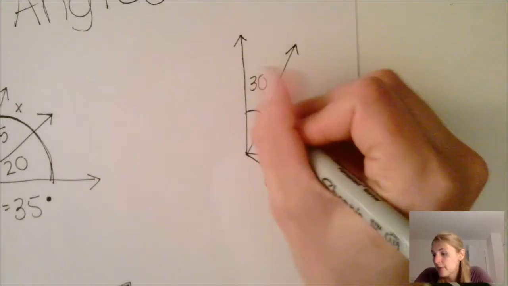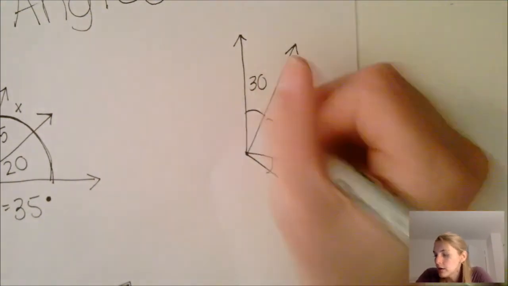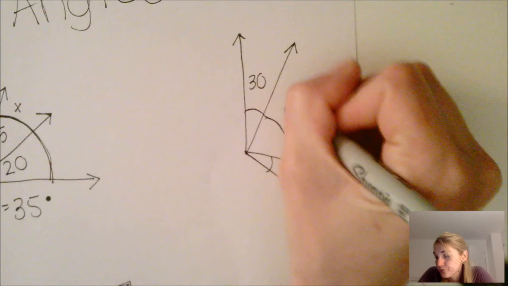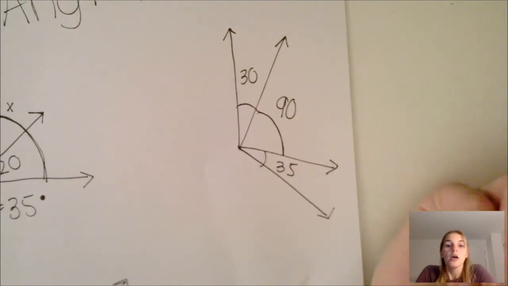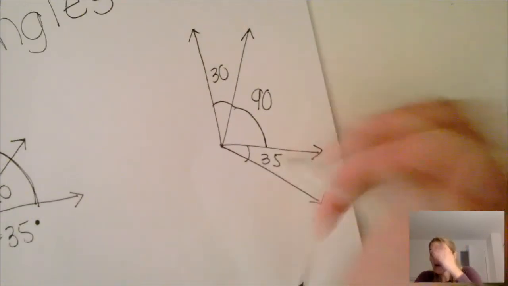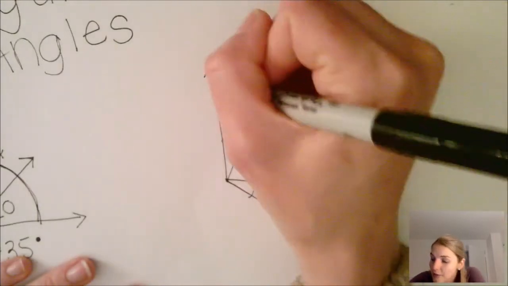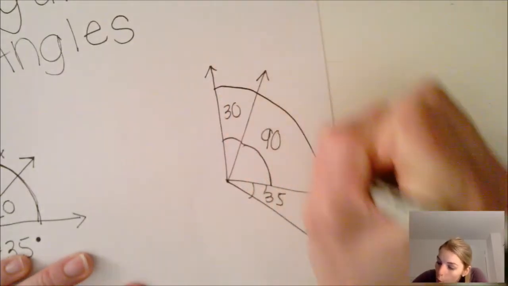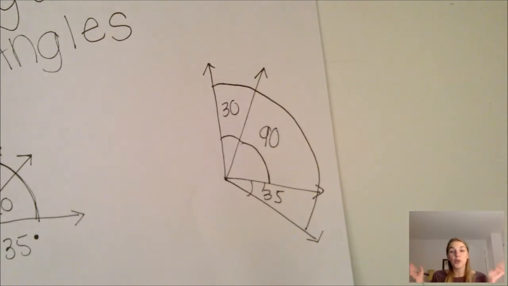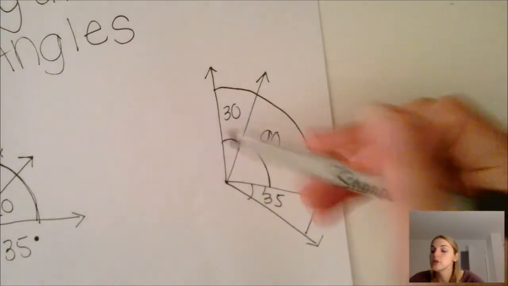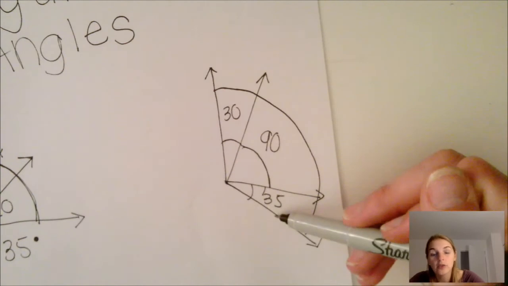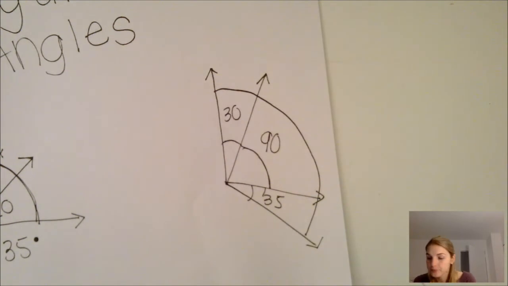And then this angle right here almost looks close to 90. So if I know what these different angles are, I can figure out that original large angle. All I have to do is add these little angles together. I just join them all together.